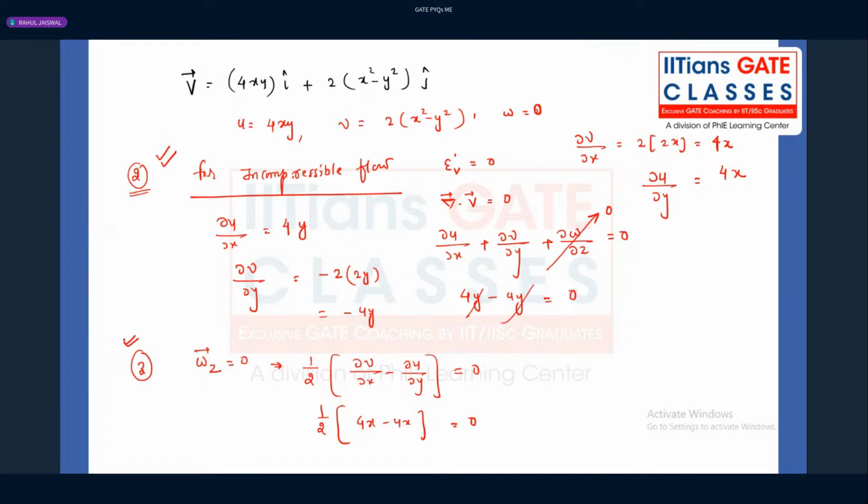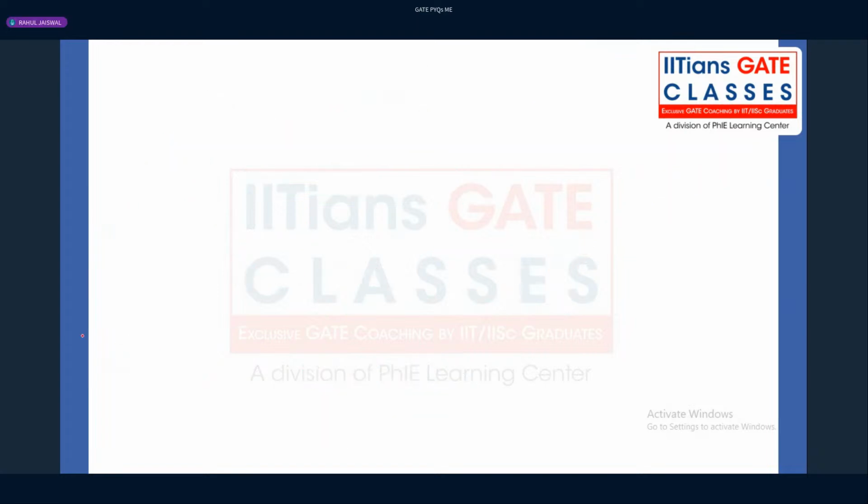What about the fourth option, guys? They are asking what is the acceleration experienced by the fluid particle. First of all, what is the acceleration for a two-dimensional flow field? ax is nothing but u into dou u by dou x plus v into dou u by dou y plus dou u by dou t.